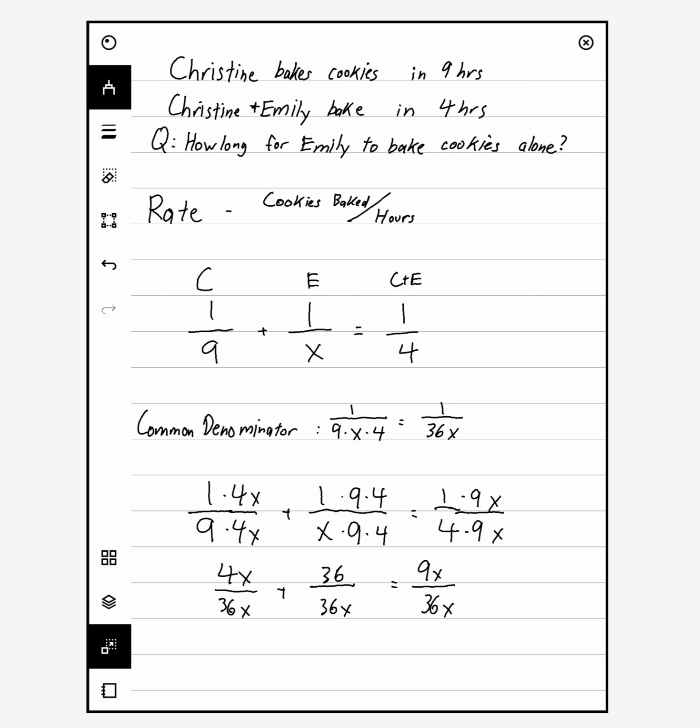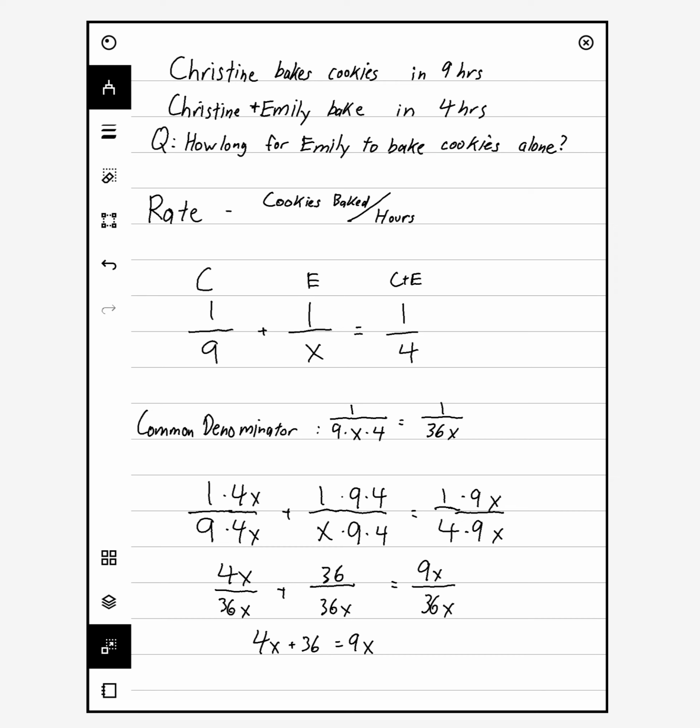Okay, and since they're all over the same thing, here's a little hint: you can just ignore the denominators. When we add everything together, we can just say this: 4x plus 36 is equal to 9x.